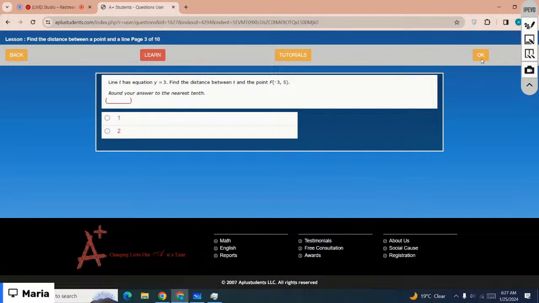Line T has the equation y equals 3. Find the distance between line T and the point negative 3, 5.